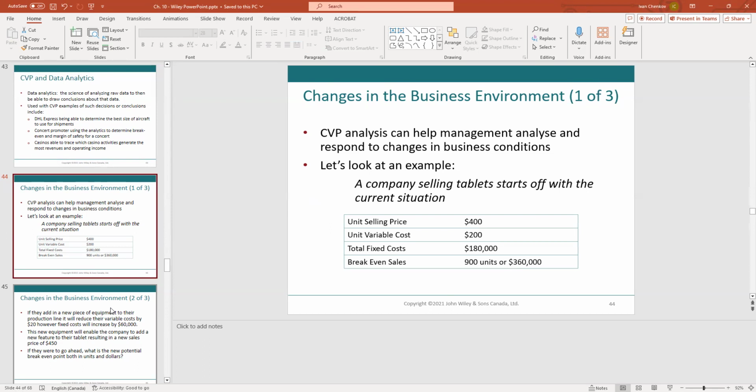Let's say the company selling tablets starts off with the current situation: selling price 400, variable cost 200, contribution margin 200, fixed cost 1,800, and the break-even is 900 or 360 units of sales.